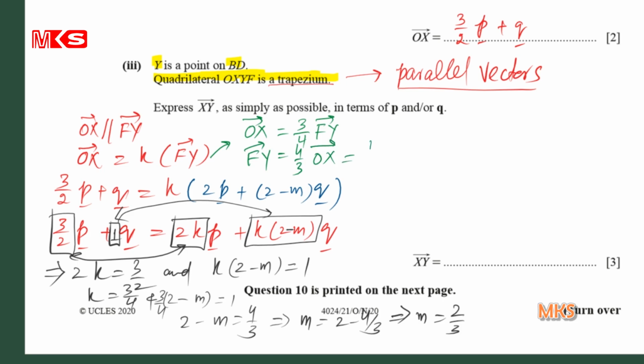Or you can say 4 over 3, Ox is 3 over 2p plus q. So opening the bracket, 4 over 3 times 3 over 2 is 2p, because this is 12 over 6, 2p plus 4 over 3q.